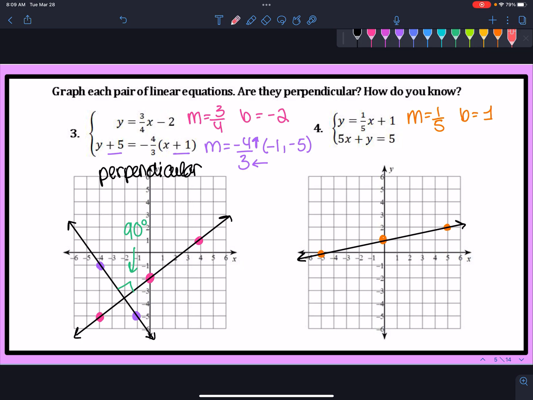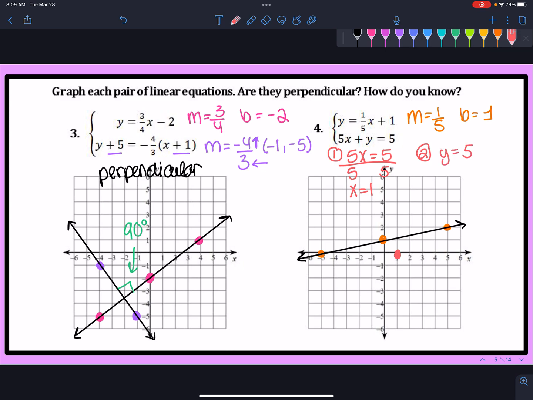Now, for this, I have to write and solve 2 equations. My first equation is going to be 5x is equal to 5. And when I divide by 5, I get that x is equal to 1. So I'm going to put a point at 1. For my second equation, I'm going to say that y is equal to 5.